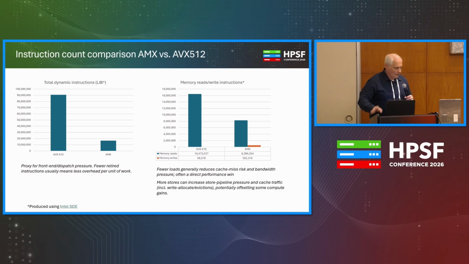It goes from about 50,000 to about 500,000. So okay, 10x seems big in the absolute, but relatively speaking, in terms of the total memory reads and writes, it's still significantly less. So even with the higher store impact on AMX, you should get significant benefits from this as well.